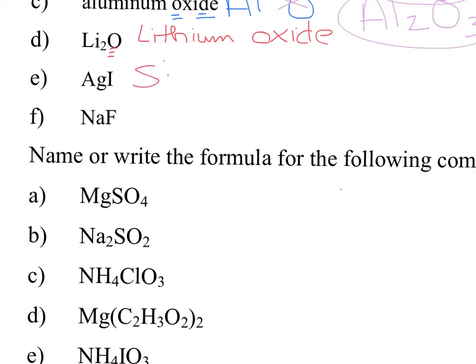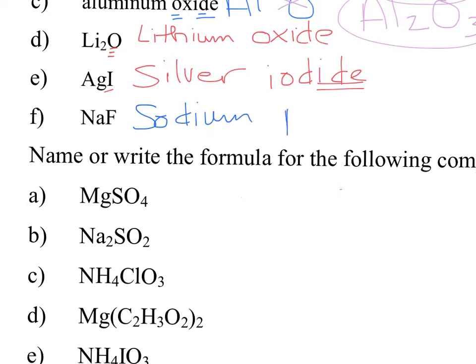And so we have silver iodide. Now, again, the reason it's iodide is because iodine was by itself. All right, and then the last one, we're going to have sodium, and then fluorine is going to turn into fluoride. That is the answer for that one. Okay, moving on to the next group.